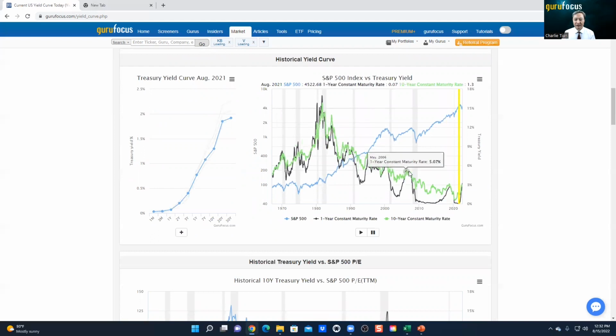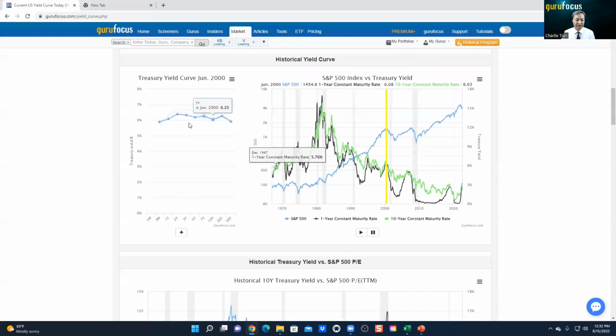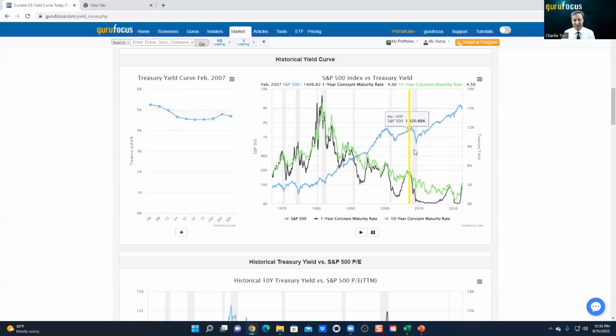We draw them together; when these two lines overlap and the black line is above the green line, it's inverted, as it is currently. You can draw anytime to anytime. You can see the yield curve here, and here when it's inverted, you can see the yield is so flat here. There's a recession that followed again before the financial crisis here, and yield was inverted, and there was a recession.